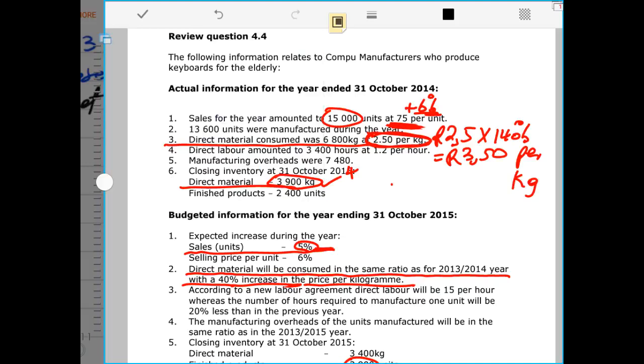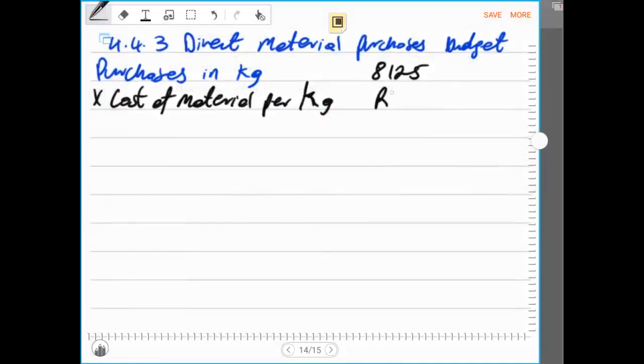So now this is the expected cost of material per kg. Then we multiply by the 3 rand 50 cents per kg.